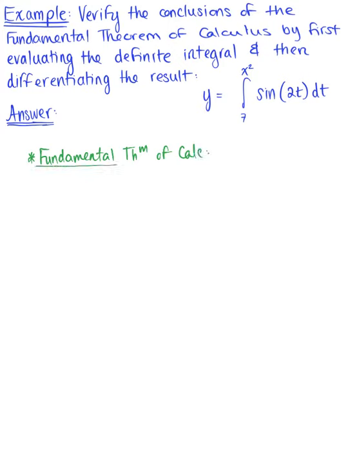By the fundamental theorem of calculus, if we have y equal to the definite integral from 7 to x squared of sine of 2t dt, the fundamental theorem tells us that if we differentiate both sides with respect to x, dy dx is going to be equal to, we take our upper bound, plug it in for t, and then multiply by the derivative.